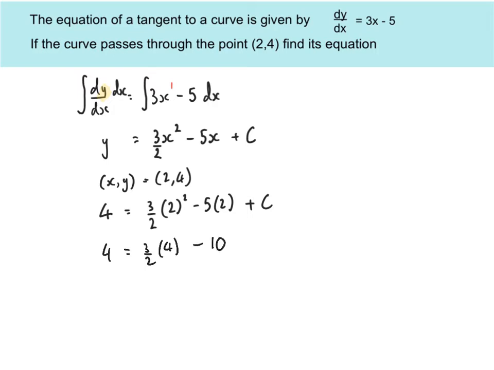Minus 5 2's is minus 10, plus c. 4, still not going to change. 3 lots of 4 is 12, divided by 2 is 6.